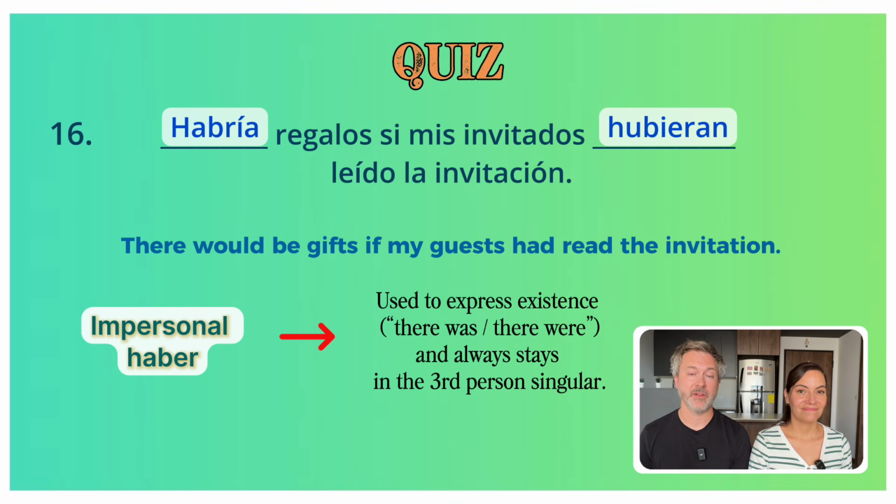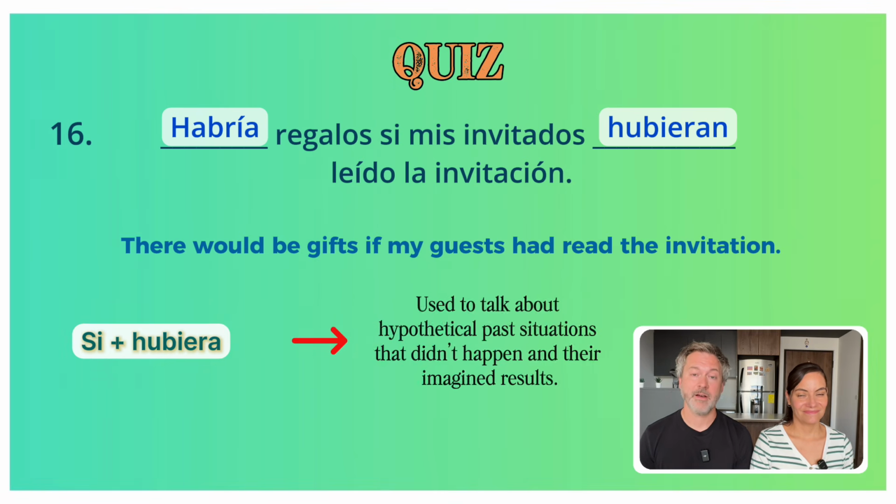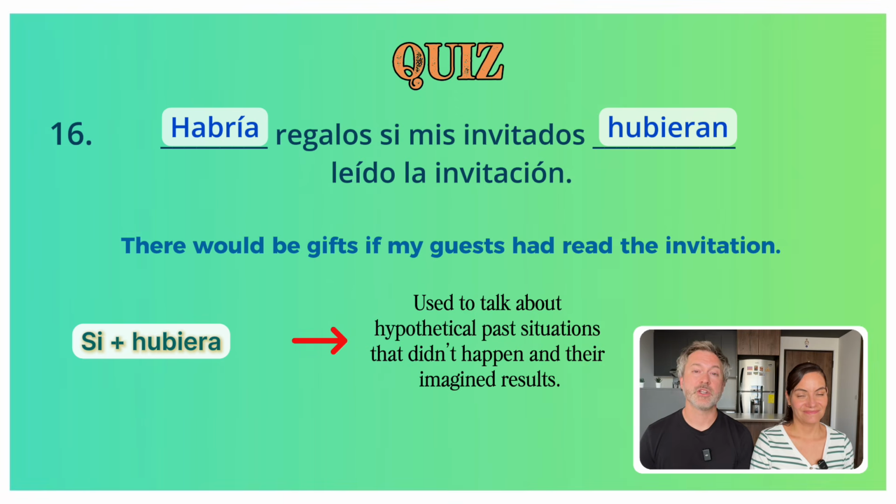Remember, it doesn't matter whether it's one gift or multiple gifts. We always use it in the third person singular. So habría regalos, not habrían regalos. And in the second part, we have our si clause followed by hubieran because we're describing a situation that didn't happen but could have under different circumstances.